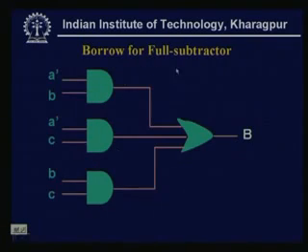Now, for the borrow of the full subtractor, only the inputs are different, otherwise the structure is totally the same. For the first AND gate, the inputs are A dash and B, one complemented variable is there. For the second AND gate also one complemented variable A dash is there. For the third one it is only B C, and 1 3-input OR gate is needed. So, the structure is totally the same, only one complemented input is added.